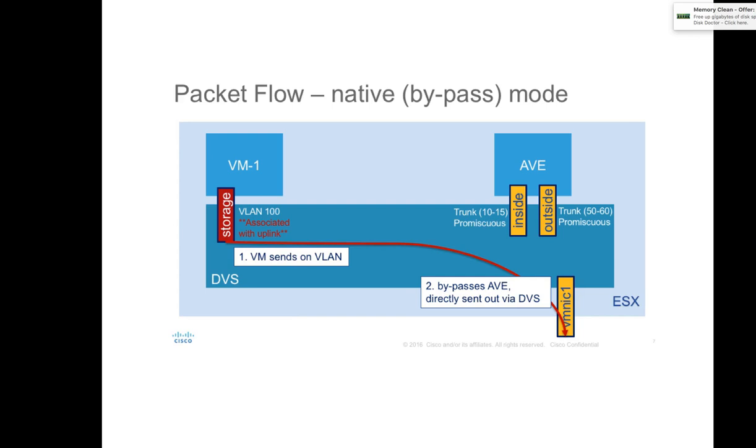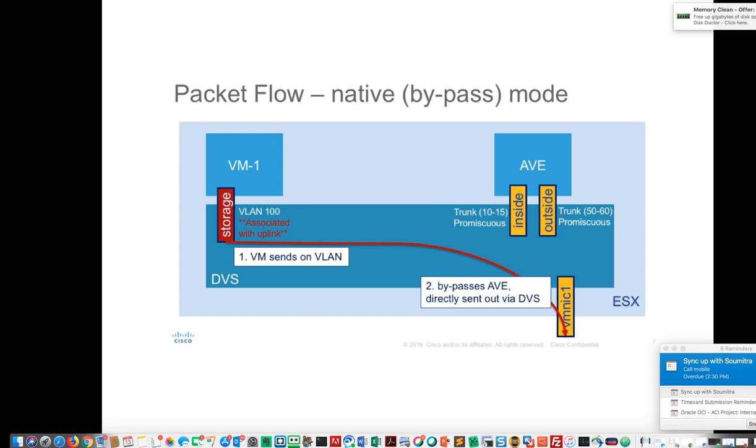Now, there are times when you might want to bypass the AVE and come in direct VLAN and reach a VM. A perfect example would be if you needed to use a storage adapter on a VM for NFS or something like that.